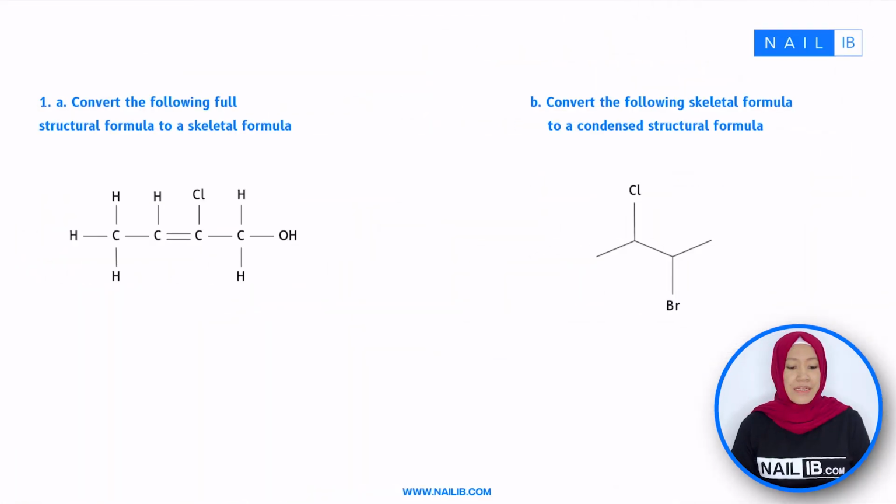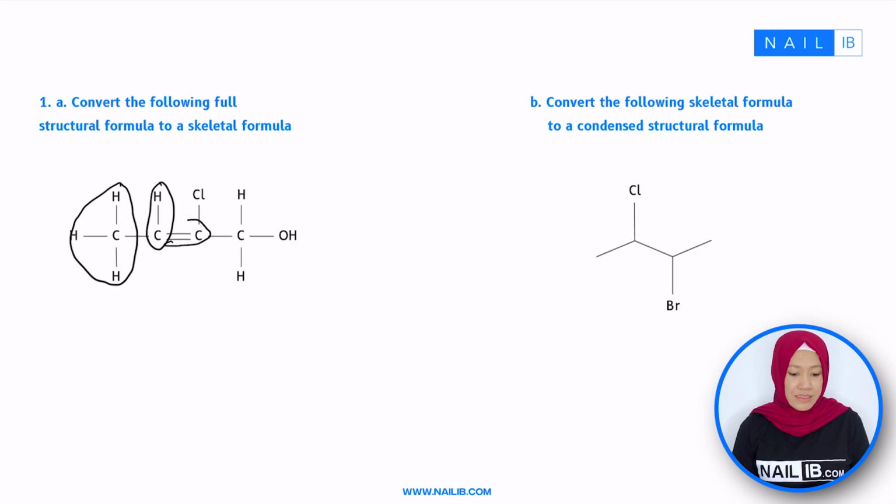Right. Convert the following full structural formula to a skeletal formula. So we've got CH3 right here and 1 CH right here with a double bond, and with Cl, and then we've got CH2 here, and then we've got OH. So for CH3 we can do it like this.